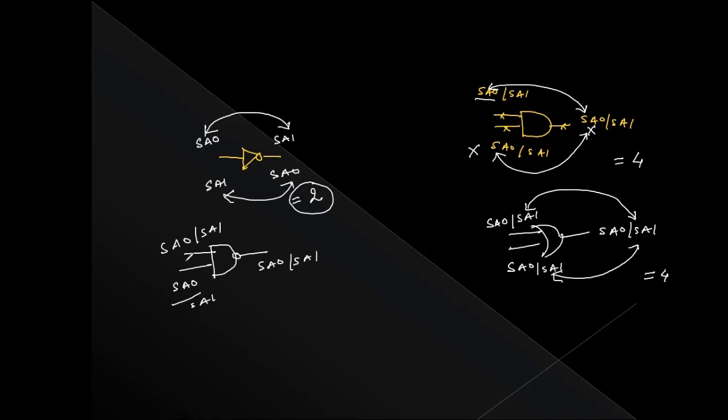On the NAND gate, if any input is 0, the output will be 1. So again, essential faults can be reduced to 4. And last we talk about the NOR gate. I'm doing this, I hope you're clear on this now.